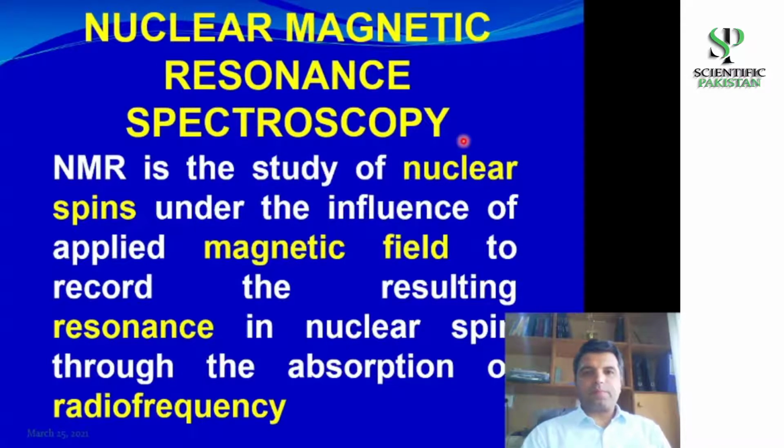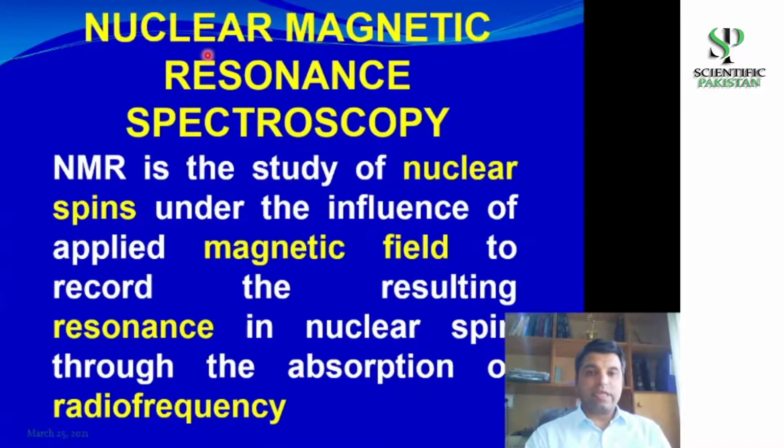What is NMR? Let's try to define NMR spectroscopy, or nuclear magnetic resonance spectroscopy. Let's understand this. NMR is the study of the nuclear spins. There are 3 parts of the name: nuclear, magnetic, and resonance. Now, what do these 3 words mean?